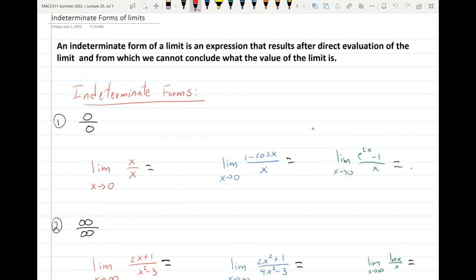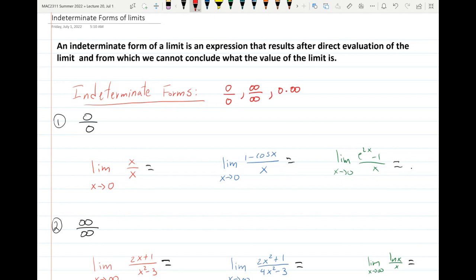So indeterminate forms we have are 0 over 0. We already know this one. Infinity over infinity. We have encountered these two. And when I say infinity over infinity, remember, it's any combination of positive or negative infinity. Okay? 0 over 0, infinity over infinity. Now we have 0 times infinity. That's also an indeterminate form.